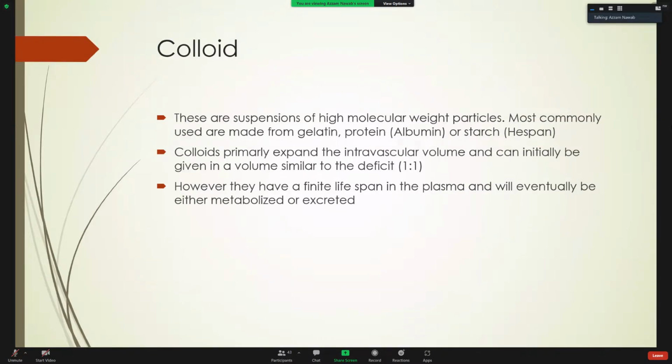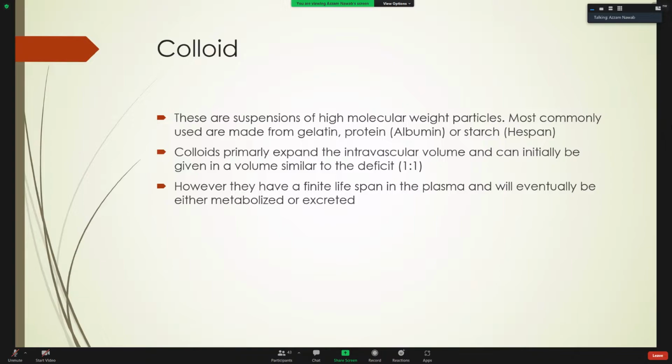The colloids, the other part, are suspensions of high molecular weight particles, most commonly made from gelatin, protein, starch, and so on. Colloids primarily stay in the intravascular volume and can initially be given in a volume similar to the deficit, meaning if the patient lost 100 ml of blood, to replace the same fluid in the intravascular space I have to give 100 ml of colloid.